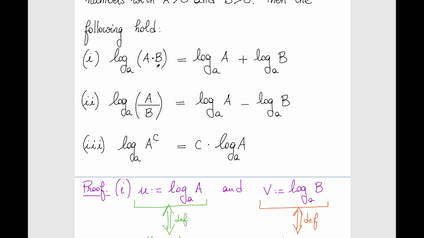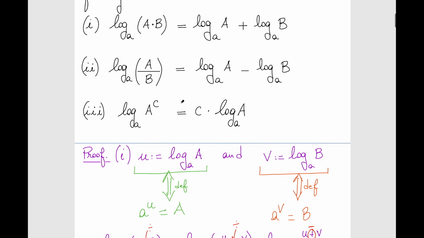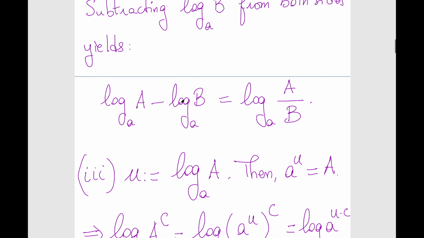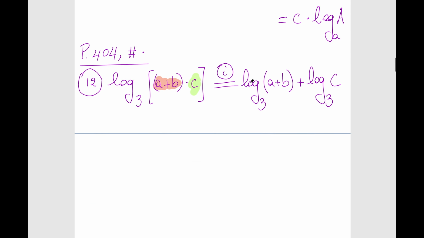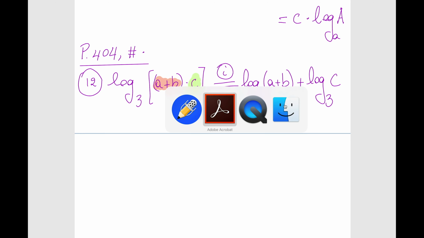What I have below is a plus inside the log, and I see nowhere a property to this end. So I don't have anything at my disposal to actually use. As a matter of fact, there's no formula to split the log over addition. All right, so this is the best we can do. We wrote it as a sum of logs. That's it. All right, back to the book.